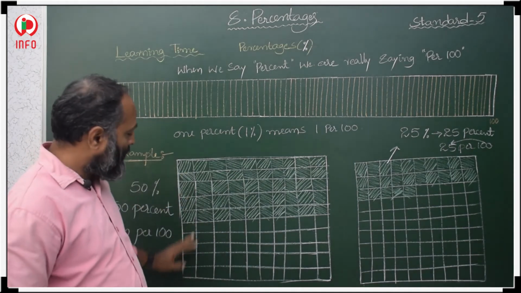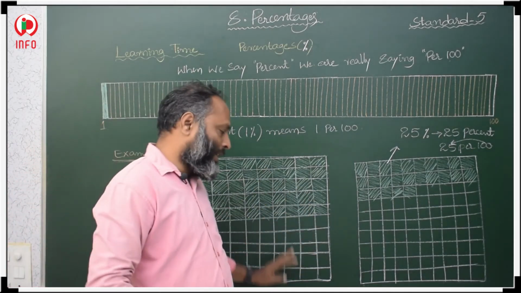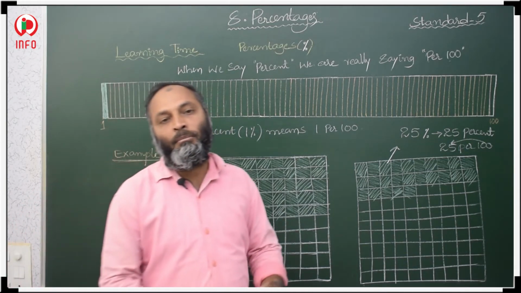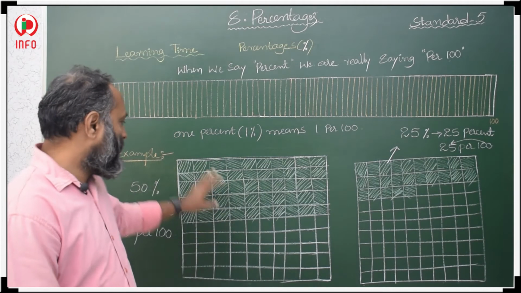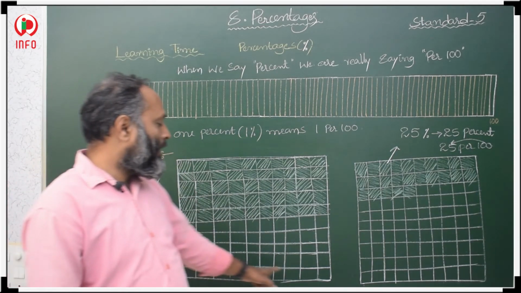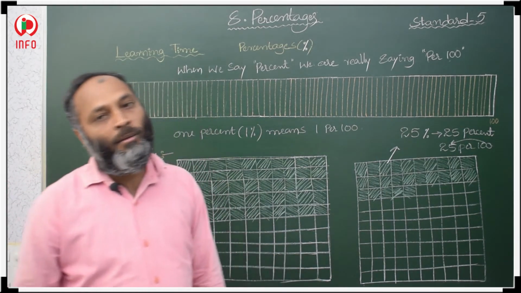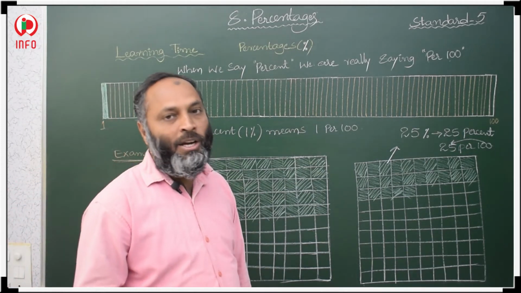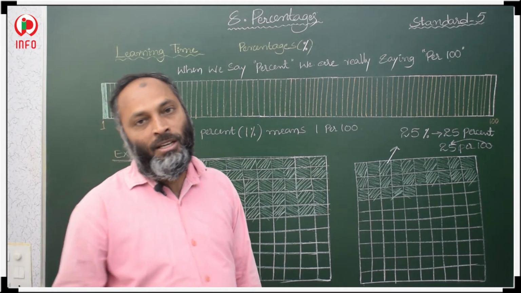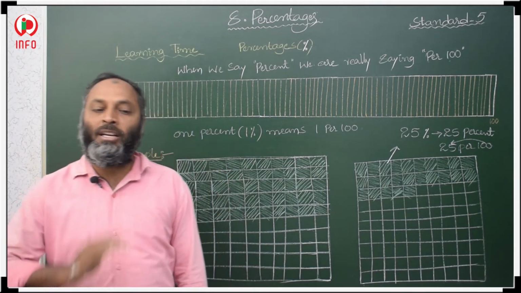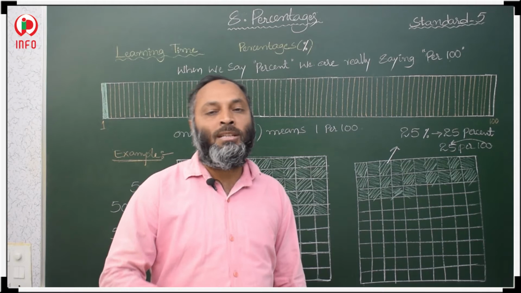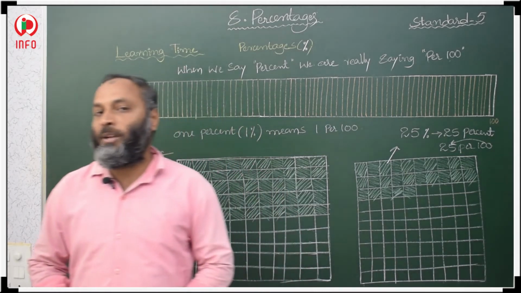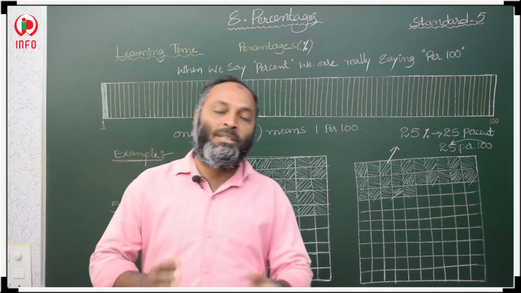So if we shaded all 100 grids, then what does it mean? How much percentage did we shade? Total 100% we shaded. If complete is over, it means 100% is over.